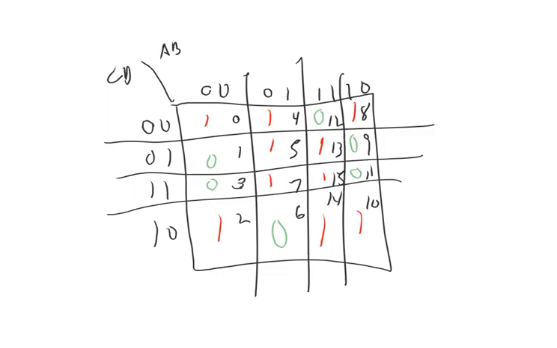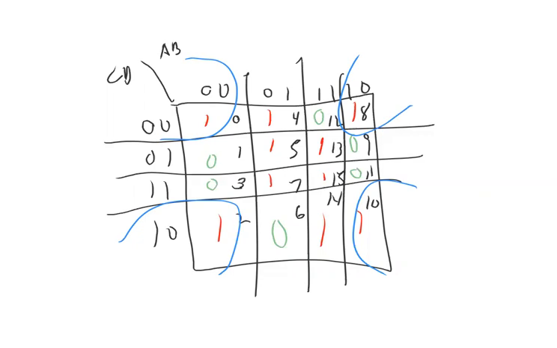Okay, what do I loop? So can you loop the 4 corners? You sure can. And if you loop the 4 corners, what do we call that loop? Abe, what do we call that loop?